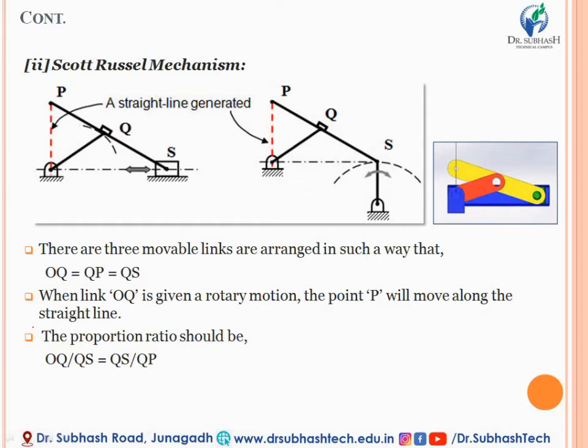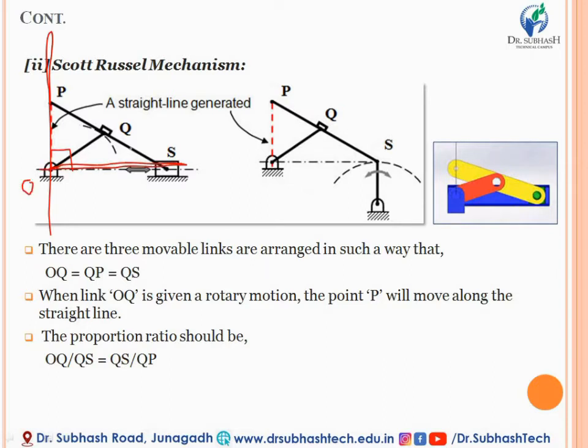Now it's clear that the locus of point P will always lie on a straight line, because we know that the point P which generates the straight line in the upward or downward direction must maintain the perpendicular relation with respect to the line of stroke, or we can say the link OS.